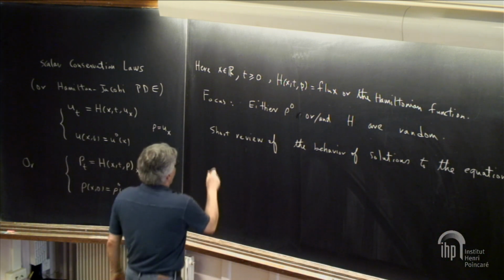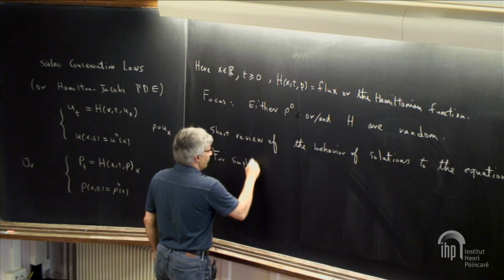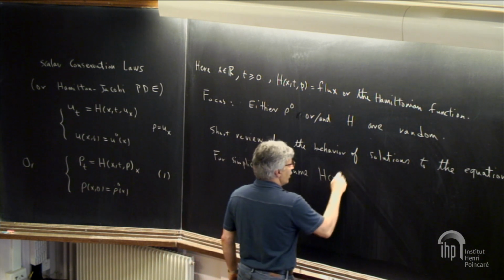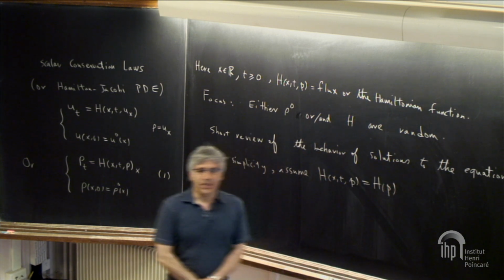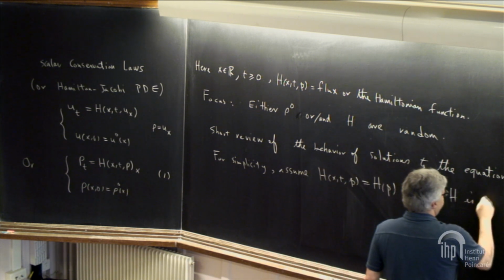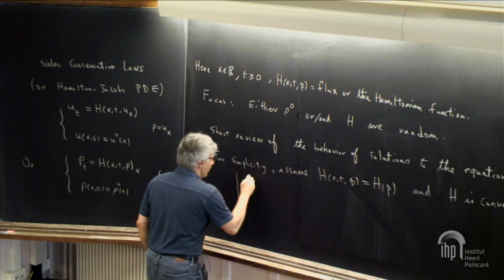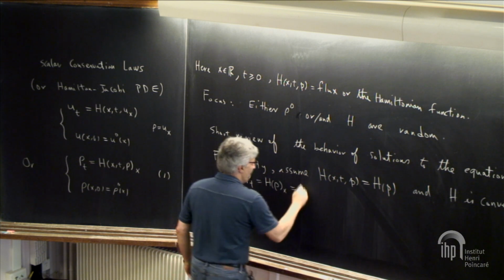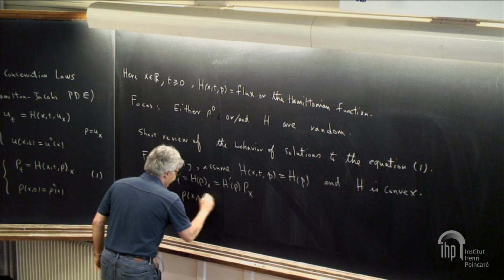Okay. For simplicity, assume H(x, t, p) depends on p only, and H is convex. So now the equation that I'm looking at would be rho_t equals H(rho)_x, which can be written as H'(rho) rho_x, and this has some initial condition.